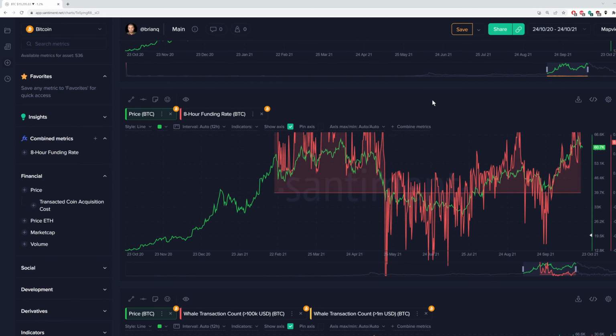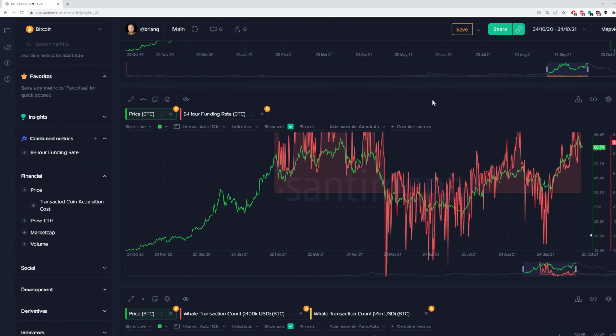When you see spikes for whale transaction count, like right here, this was the largest 100K-plus transaction count in the last 2 years, and it happened right at the local top. So if you wanted a clear-cut look at where whales were taking profit, it literally happened right on the nose on January 6th and 7th or so. And this would have told you that this rally may be coming to a little bit of a halt.